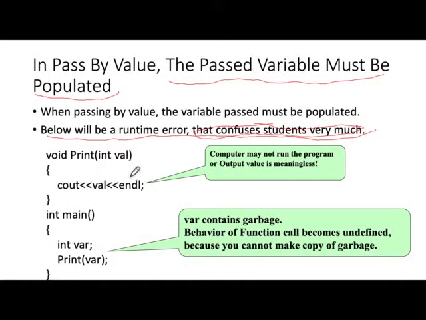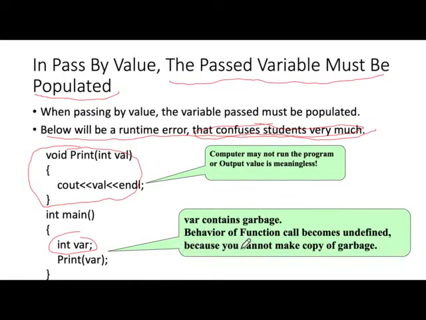If I have code like this, a print function that gets a value val and thus being printed. But in the main, if you do this, int var, and then you pass var to the print. But here's the problem. Var contains garbage. It has no value.